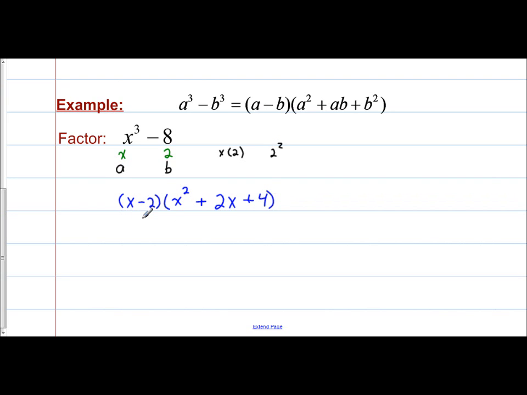The final factoring of x cubed minus 8 is x minus 2 times x squared plus 2x plus 4.